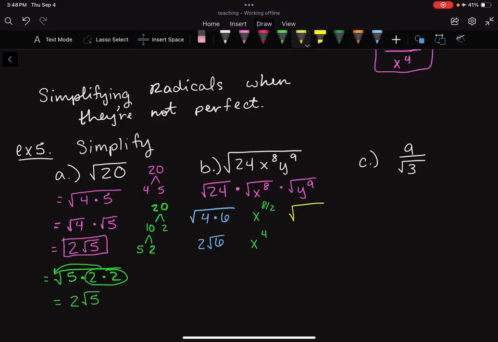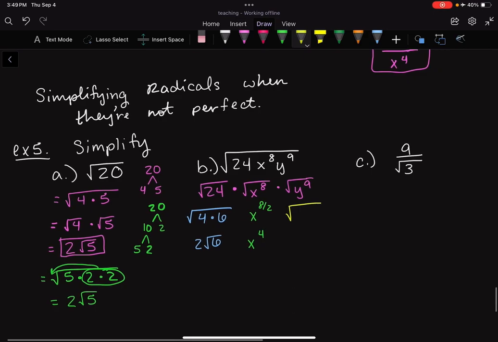I'm going to break up y to the 9th so that I can have an even exponent so that I can divide it by 2. Let me show you what I'm trying to say. y to the 9th can break up into y to the 8th times y. Pause and take that in for a second. Is that okay with you?